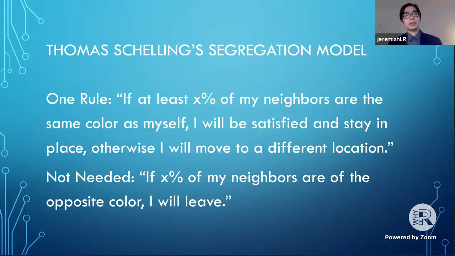So what's interesting about Schelling's segregation model is that he showed you just needed one rule to cause the segregated neighborhoods, and you didn't actually need a negative discriminating rule that says, for example, if X% of my neighbors are of the opposite color, I will leave. The one rule, the desire for similarity, is sufficient to cause the segregated neighborhoods.